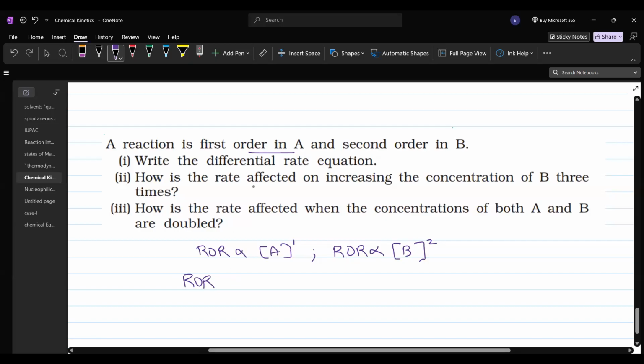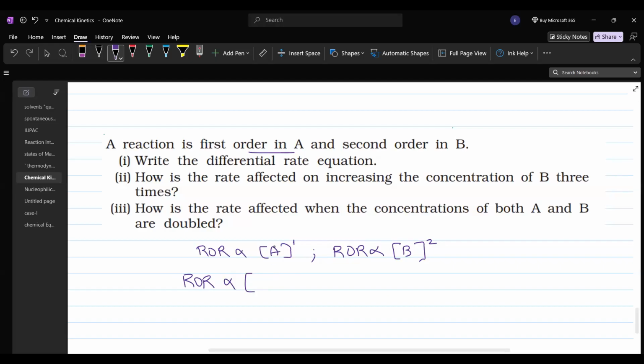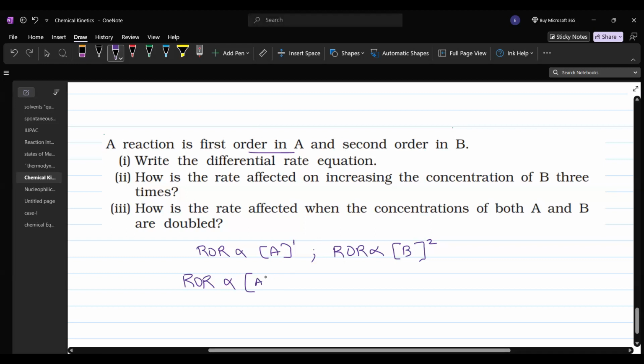So what will be the rate law expression or differential rate equation? Rate of reaction is A raised to 1 and B raised to 2, not plus, it is multiplying. So finally, rate of reaction will be equal to k[A][B]^2. Are we good till here? We have done the first question.